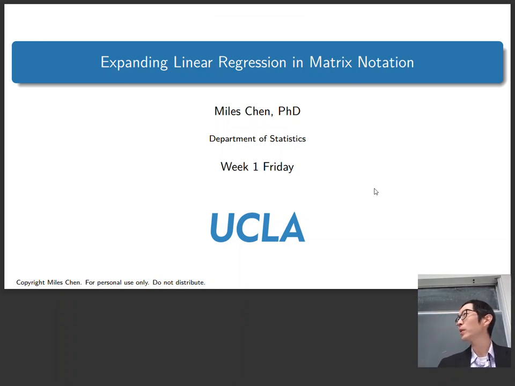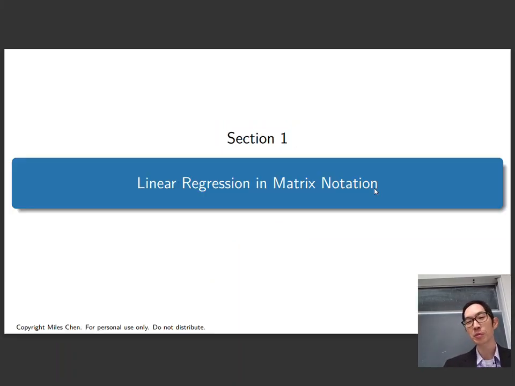Today we'll continue on. On Wednesday we looked at linear regression, and I said linear regression is an optimization problem. What we're trying to do is find the slope and the intercept, or what we call the weight parameters, that will minimize this quantity: the sum of the squared residuals, or the mean squared residuals, or the MSE.